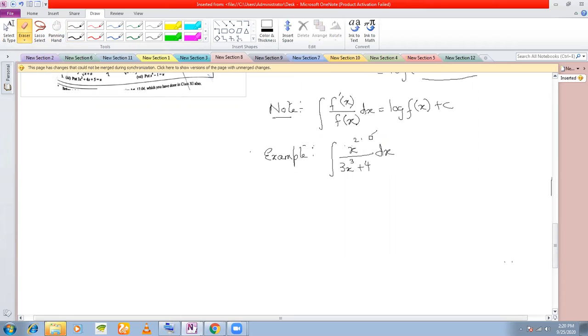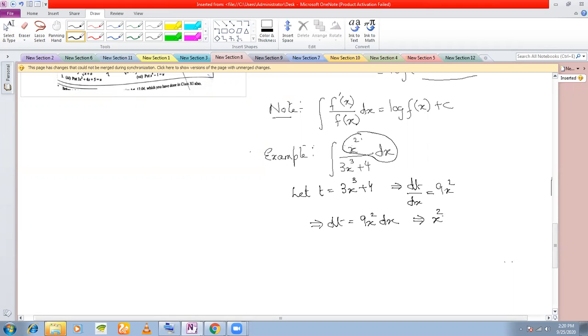So what I will do here is, I will assume that t is equal to 3x cube plus 4. That means dt dx is equal to 9x square, so dt is equal to 9x square dx. Okay, what is in the numerator? I have x squared dx, right?